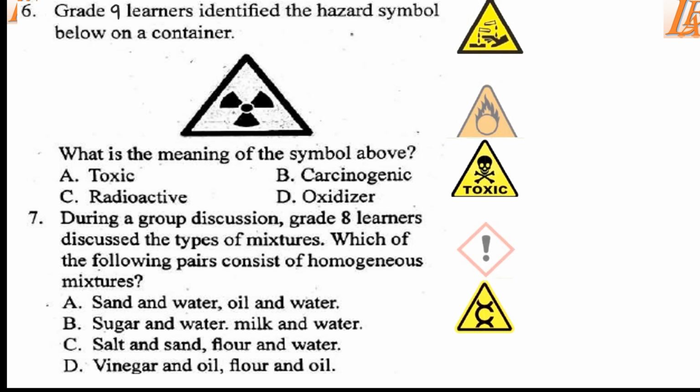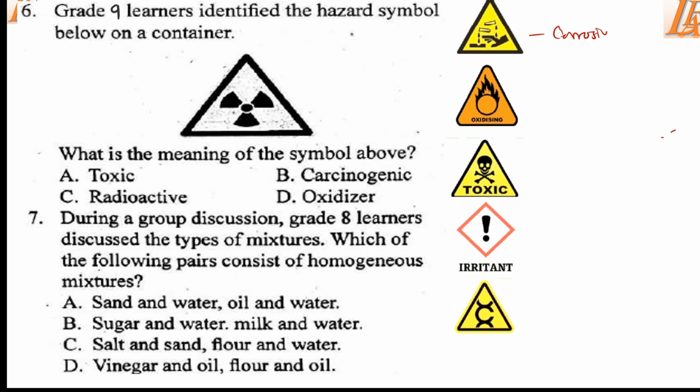So here we have a symbol like this. You can see in the first case, this is what we call a corrosive. This is a symbol which represents a corrosive substance. The second one represents an oxidizer, a substance that can catch fire easily. Then this one represents a toxic substance.